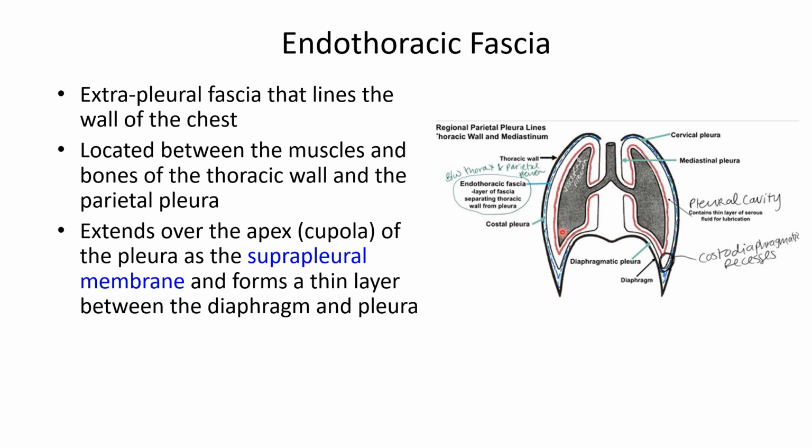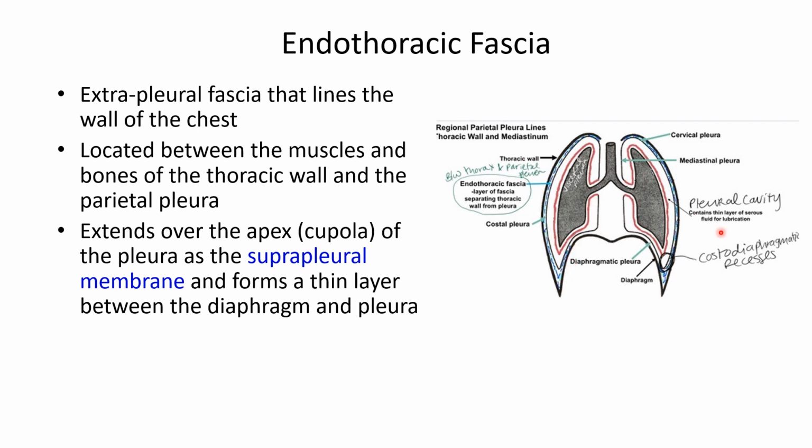Then it extends over the apex of the lung or the apical pleura, which is known as the cervical pleura, where it is called the suprapleural membrane. And it forms a thin layer between the diaphragm and pleura below. So above it is the suprapleural membrane, and below it forms a thin layer between diaphragm and pleura.